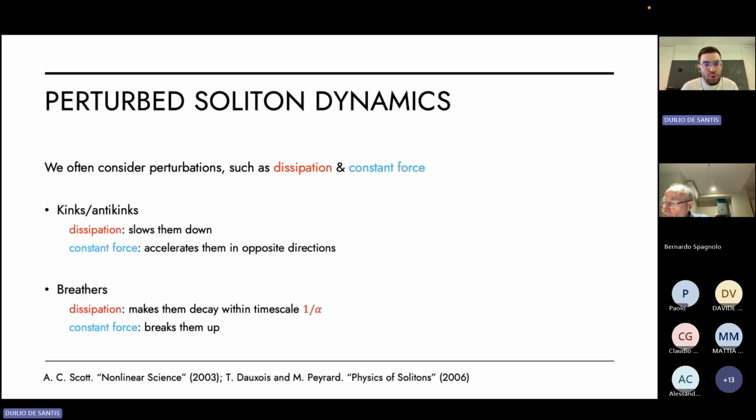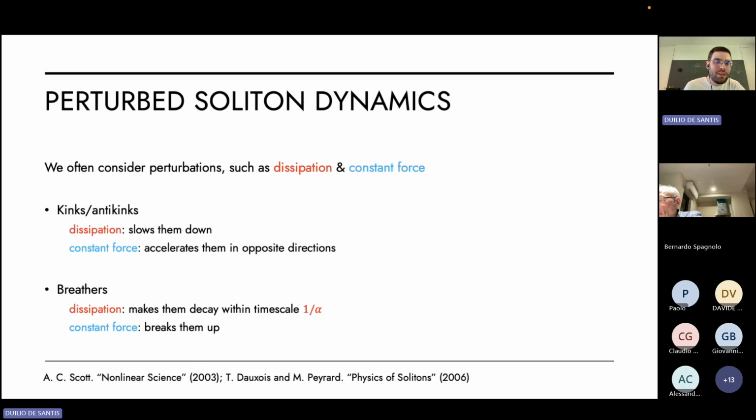For breathers, perturbative analyses are generally more complex because it's a composite solitonic mode, but what is well known is that in the presence of dissipation, breathers are no longer stable. The oscillation I was showing you before will die out in time over a time scale which is the inverse of the dissipation coefficient.